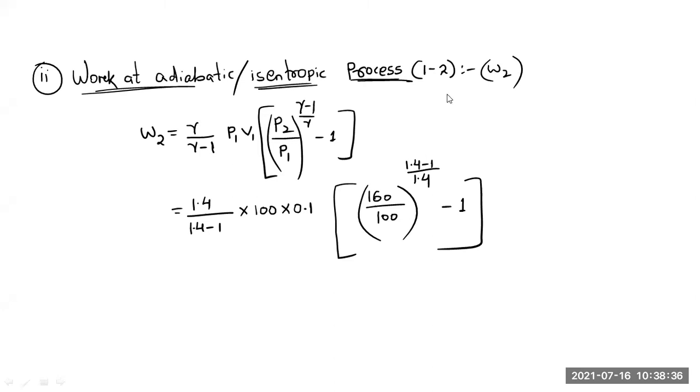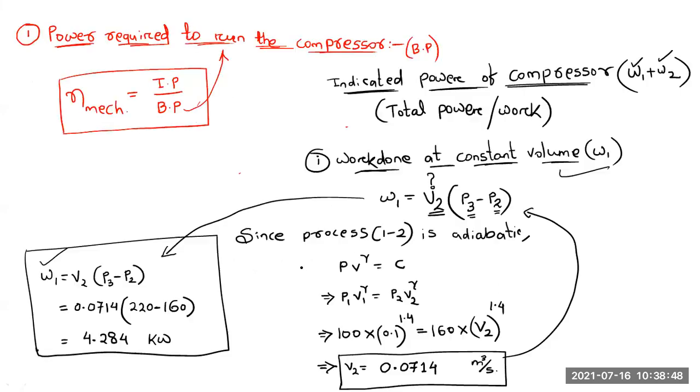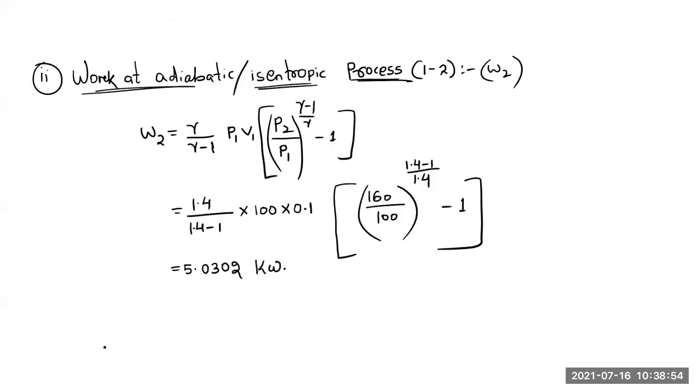So this work done we get is 5.0302 kilowatts. For the constant volume process, the work done is 4.284. For the adiabatic process, the work done is 5.0302.